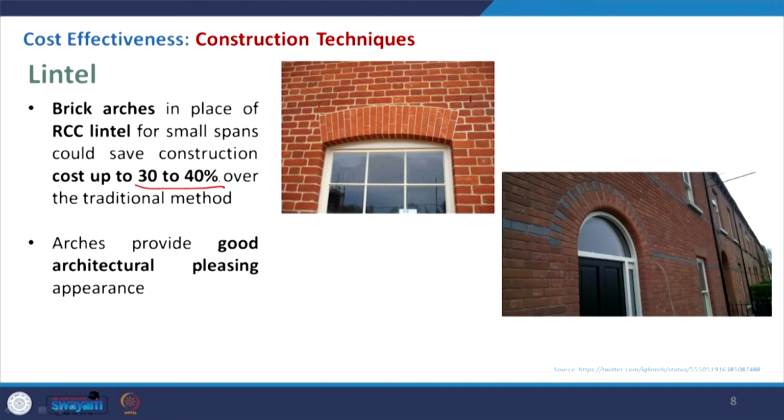But again, this can be applied where there is no problem with earthquakes, because in earthquakes we have discussed that if a building is situated or has to be planned in an earthquake prone area, we have to give a band. So, then probably this kind of lintel will not help.